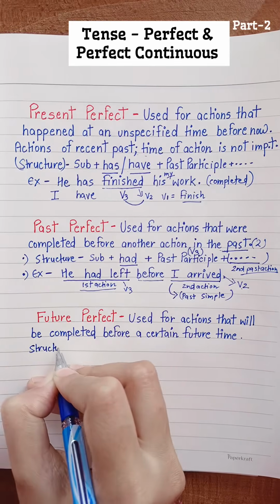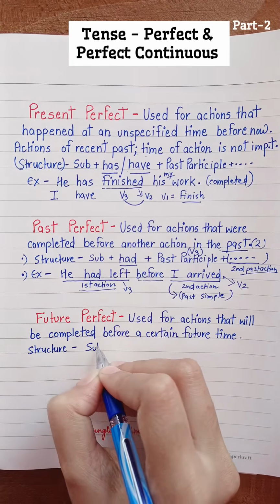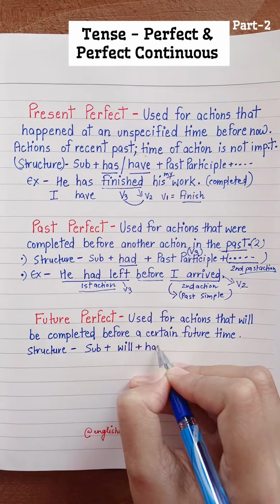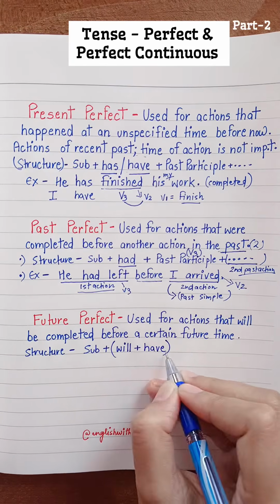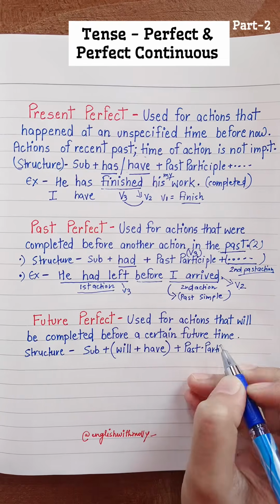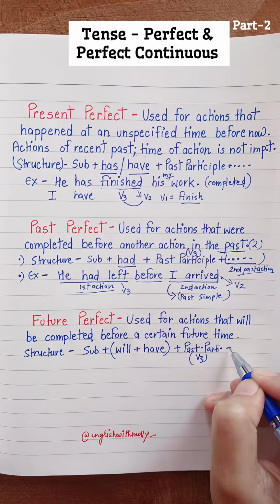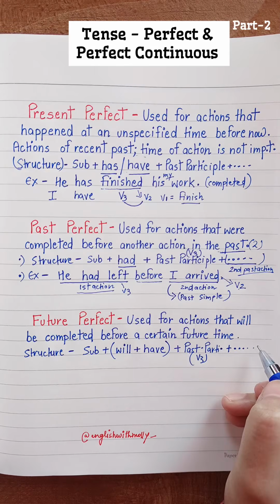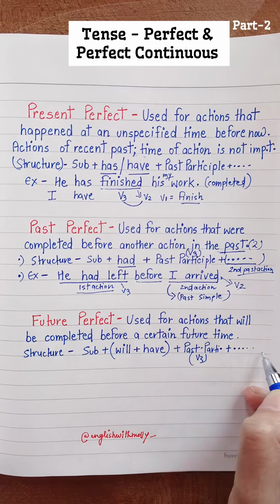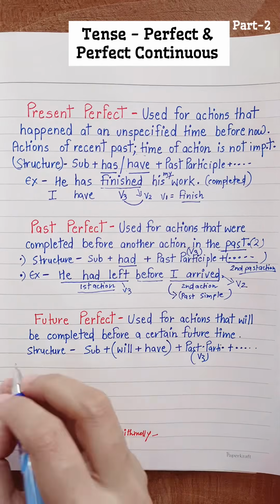Now let's see the structure. Subject plus will plus have, will have, plus the past participle form of the verb or V3, plus the remaining sentence. This is the structure. Here, the remaining sentence actually is the future point of time.